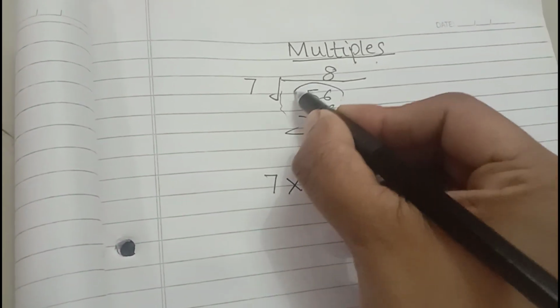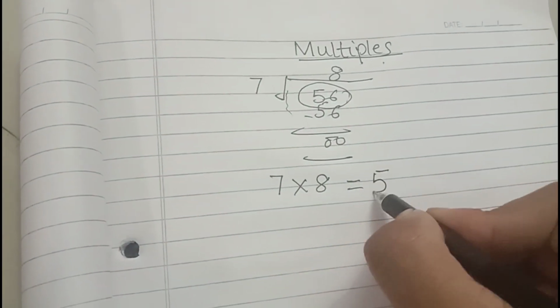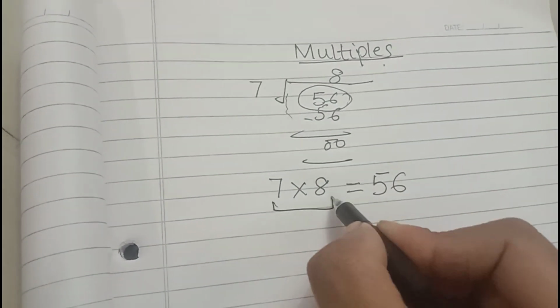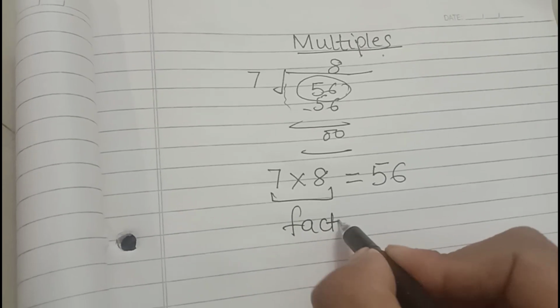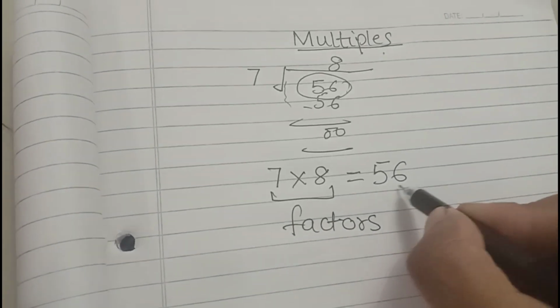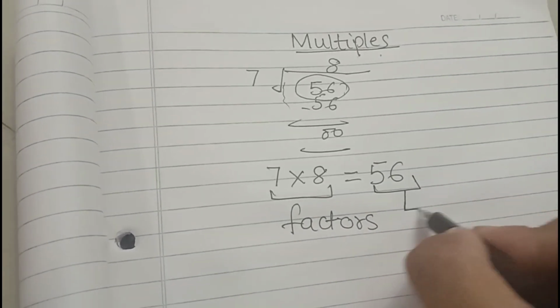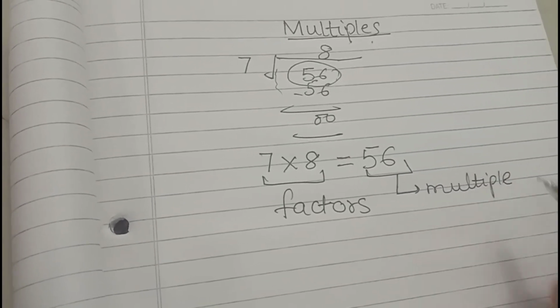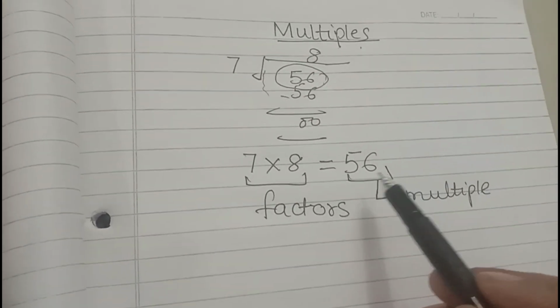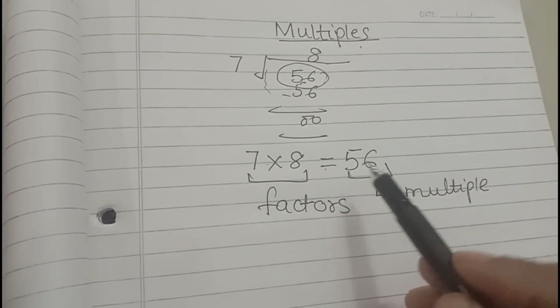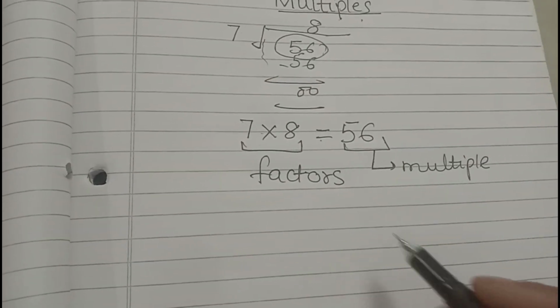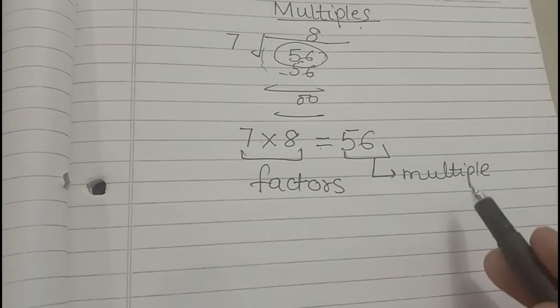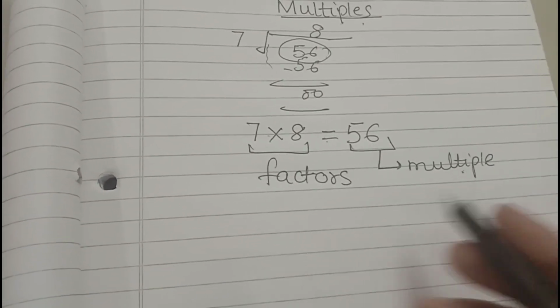But what is 56? 56 is the multiple. These two are factors because we are multiplying these two. And this product is known as multiple. So, multiple is the product of two numbers. If you multiply any number with the other number, then we get multiple.